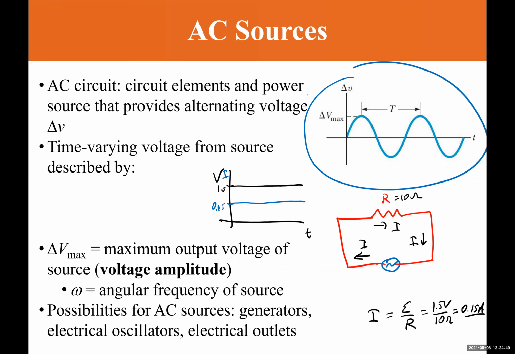That means the voltage changes with time. So let's say it starts at 0, then it increases until it reaches some maximum value, and then goes to 0 again, then goes to negative V, then goes to 0, and back and forth.